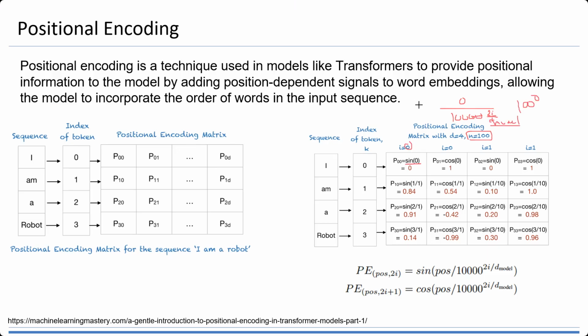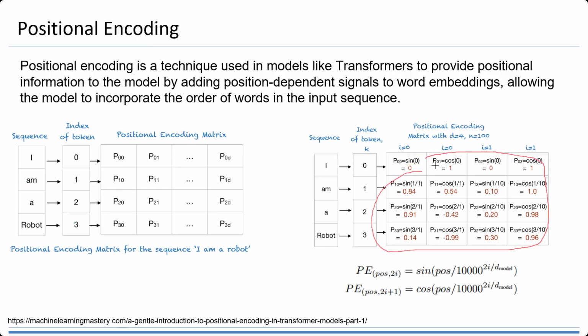So any time we have 0 divided by any number, it will be 0. So we got the sinus of 1, 0. Okay. So sinus 0 is 0. And so on, so you can calculate. Okay. And we got this matrix.